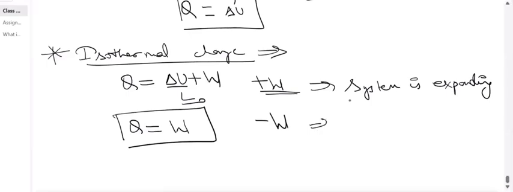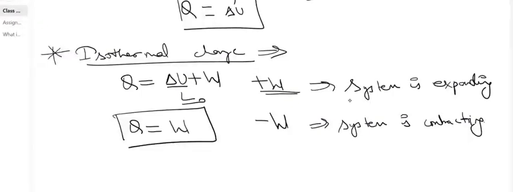Okay. And here the system is contracting. Okay. Let me show you the graphs. Please observe the graphs of all the three things. Okay.